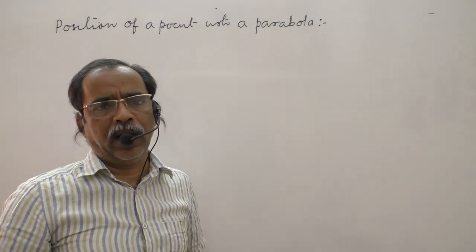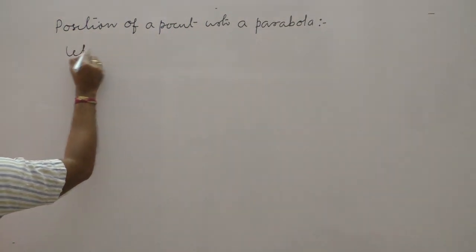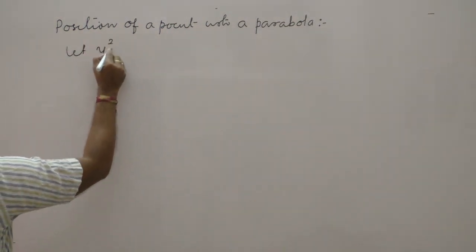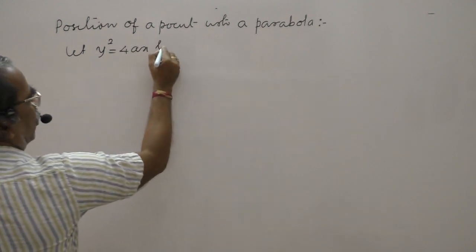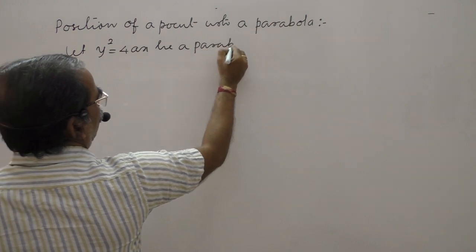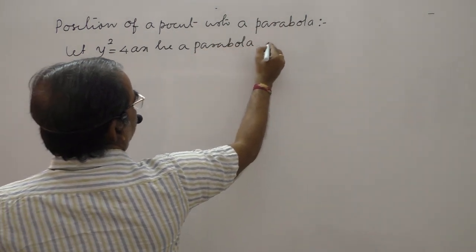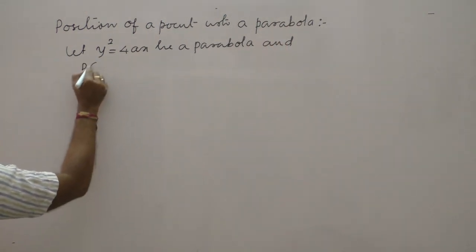We should take a parabola and a point. Therefore, I shall take a parabola y square is equal to 4ax, and I will take a point in the plane.